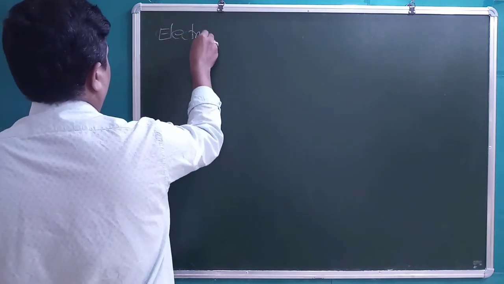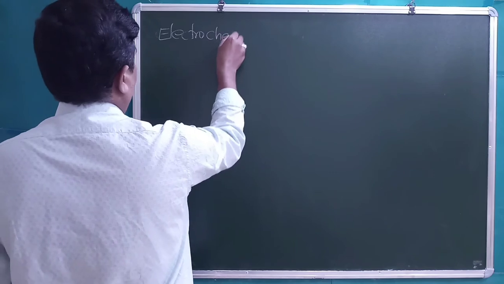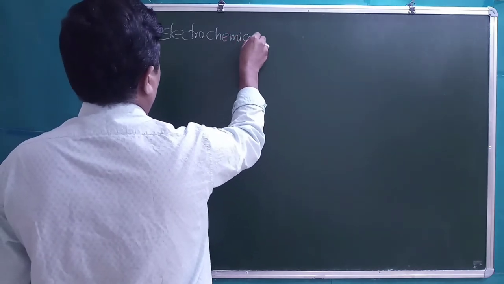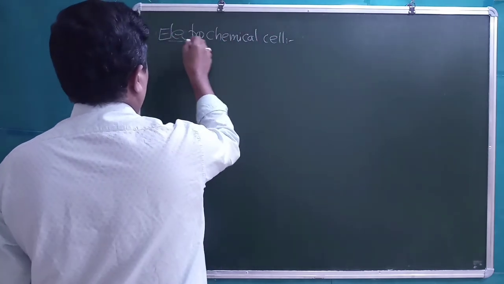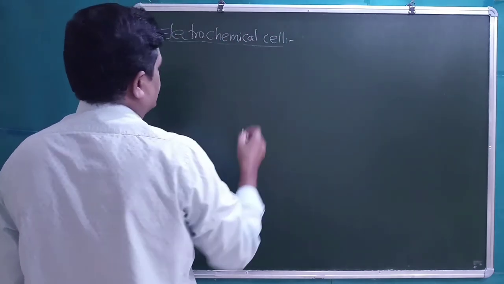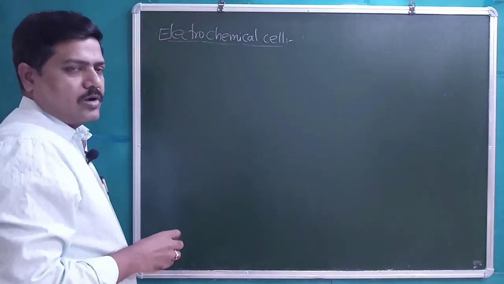Electrochemical cell. Students, electrochemical cell is also known as galvanic cell or voltaic cell.